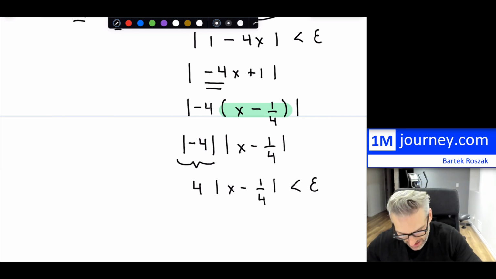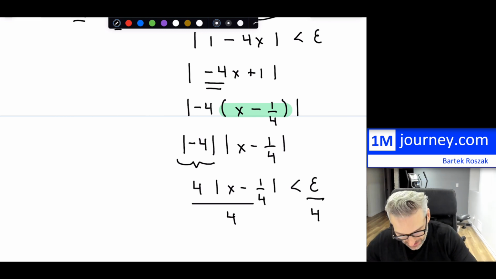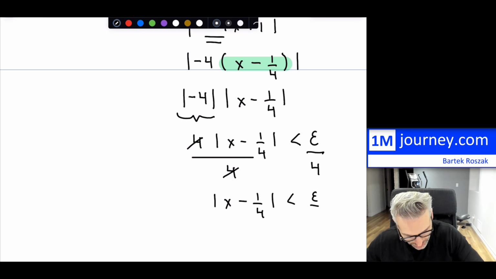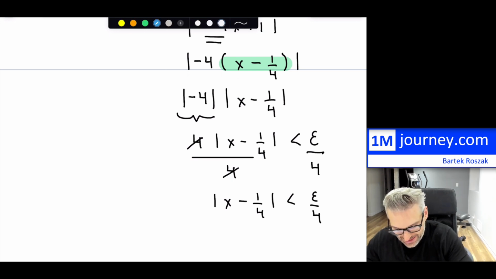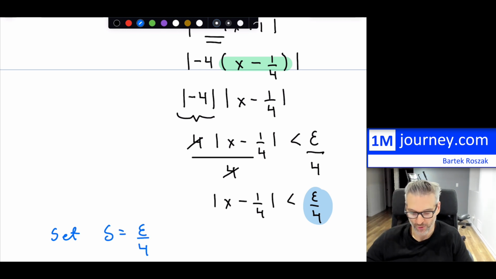Once again, take your 4 and divide both sides. So this is what we're going to have, and this will cancel out. So it's going to have x minus 1 over 4 less than your epsilon over 4. And now we're going to set our delta equal to epsilon over 4. That's what we will have in here.